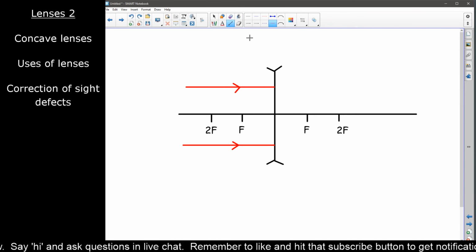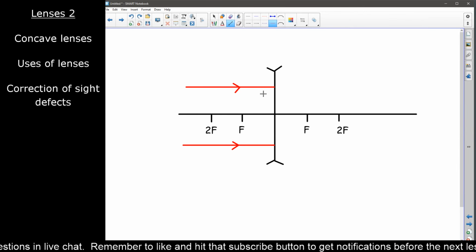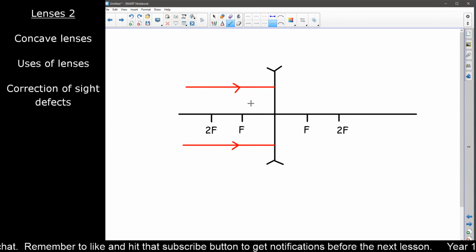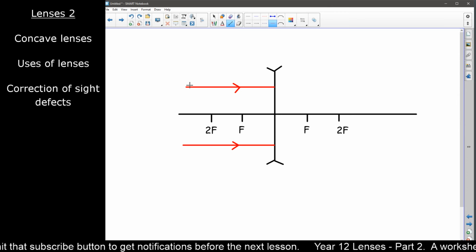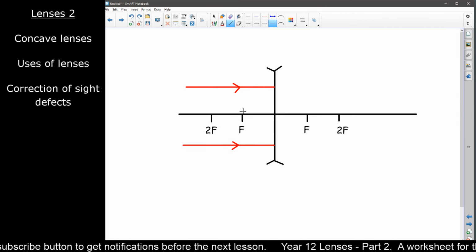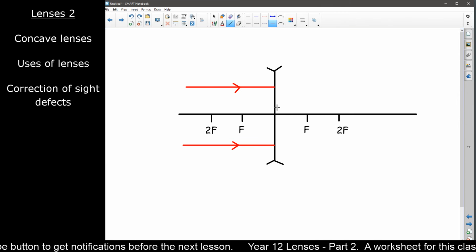Now the cool thing about diverging lenses is that their focal length is described as the point that parallel light appears to have come from once it's passed through the lens. Okay, so I'll say that again. It's the point through which light appears to have come from after it passes through the lens.